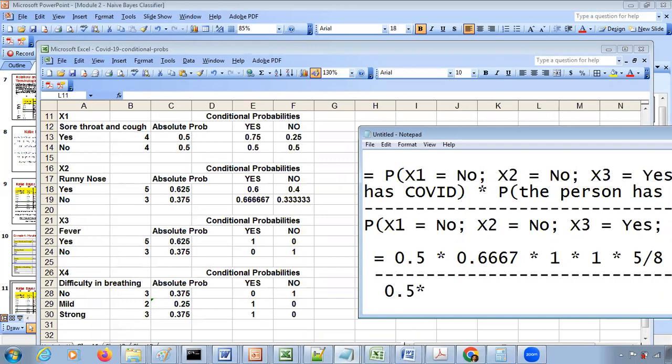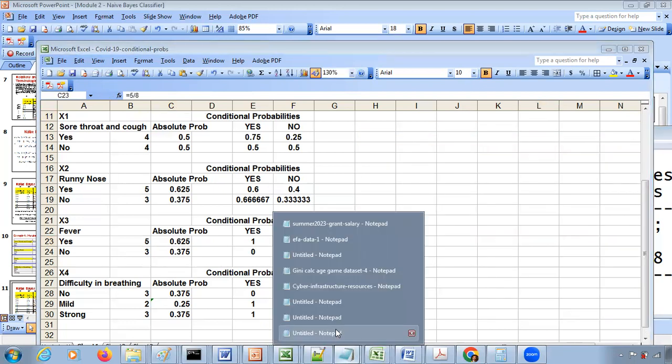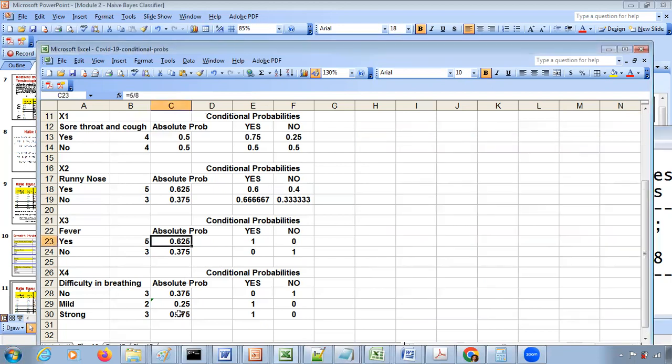Among the 8 records, 4 have sore throat and cough as no. X2 equals no, and the absolute probability is 0.375. X3 equals yes, the absolute probability is 0.625. Then X4 equals strong, the probability is going to be 0.375.